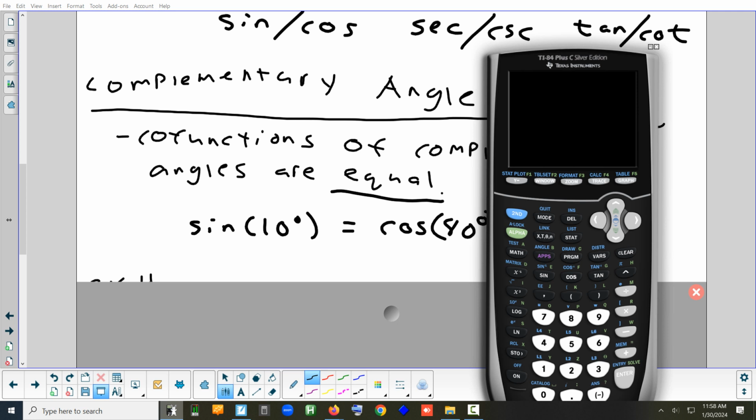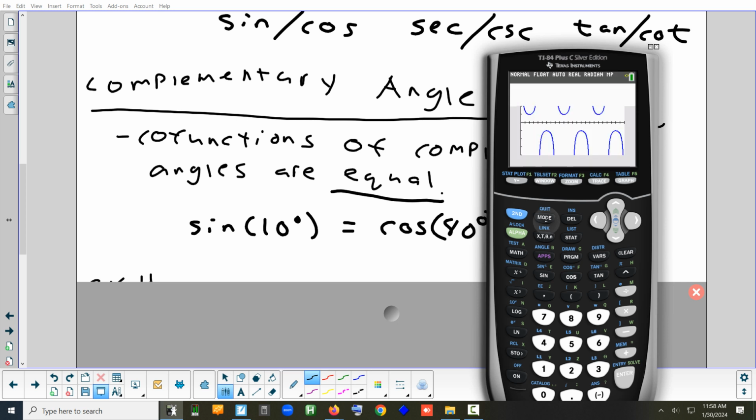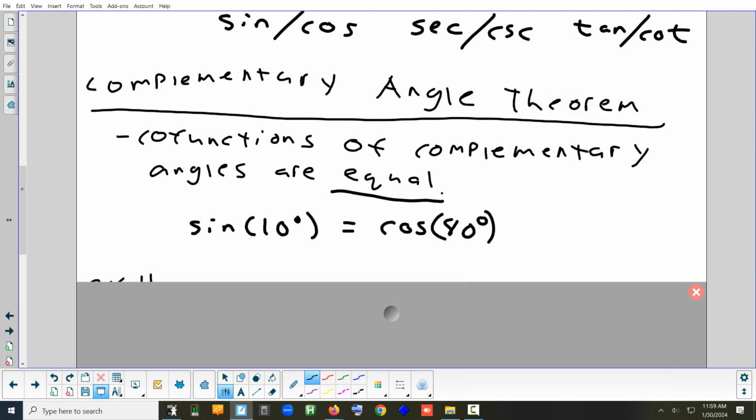Okay, let's just check. Put the calculator in degrees. If you take the sine of 10 and you take the cosine of 80, they come out exactly the same. So cofunctions of complementary angles always come out to the same number.